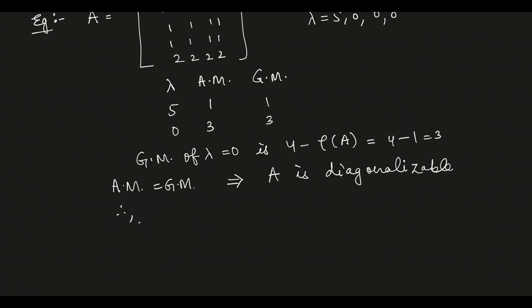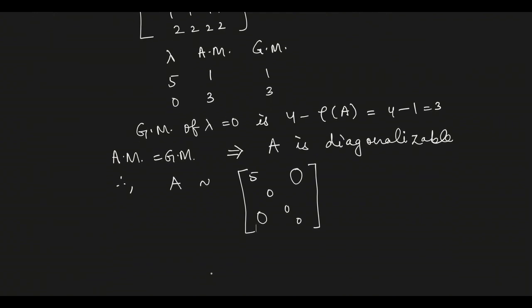Therefore, by definition of diagonalizable, A is similar to a diagonal matrix and that diagonal matrix has eigenvalues on its diagonal, meaning 5, 0, 0, 0 and the rest of the entries are 0. So its properties will be the same, na? Which properties? It is a rank 1 matrix, determinant is 0.